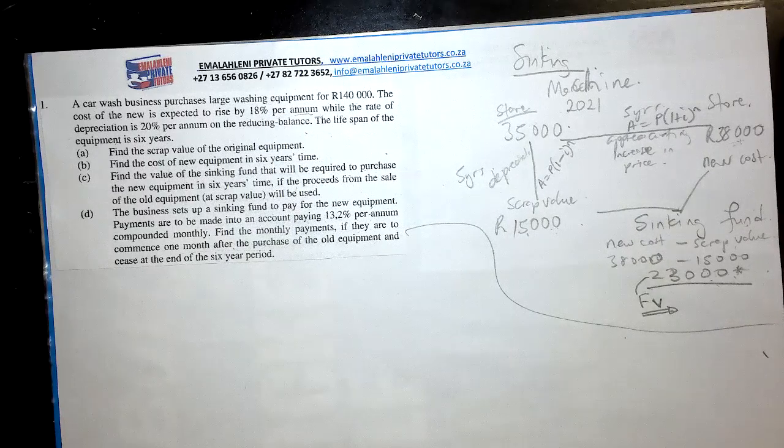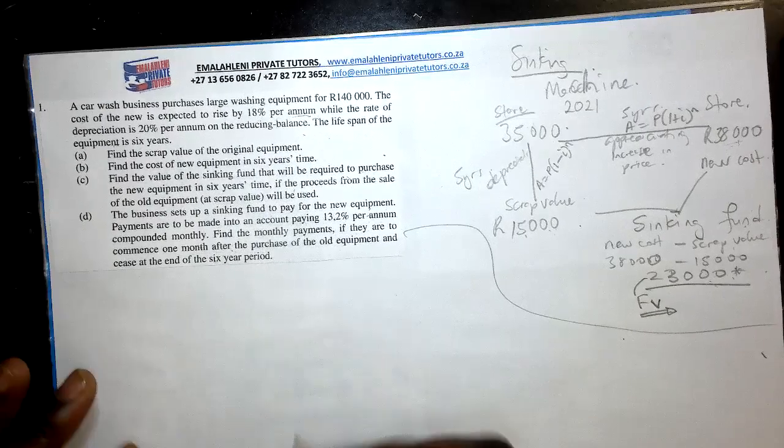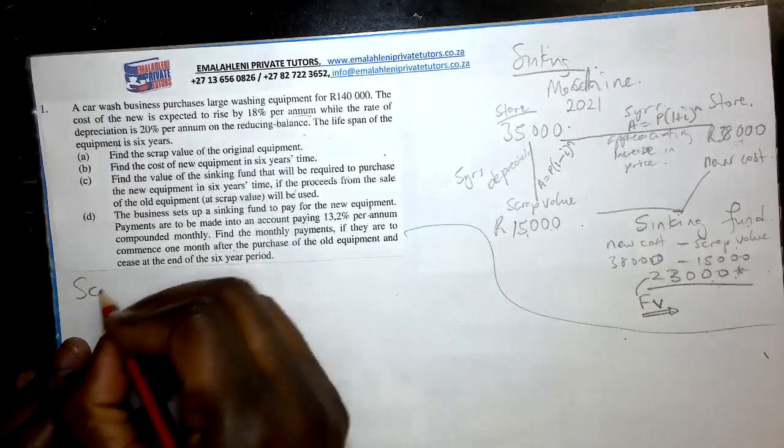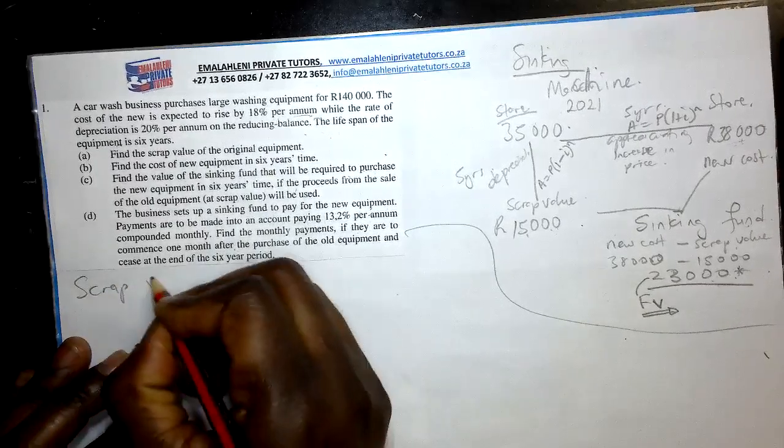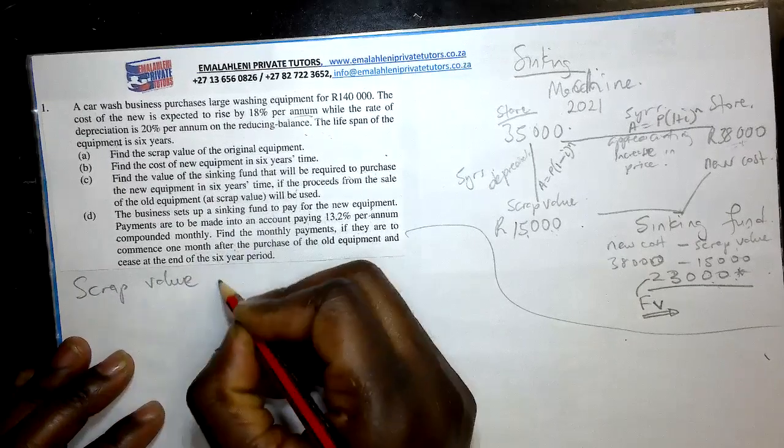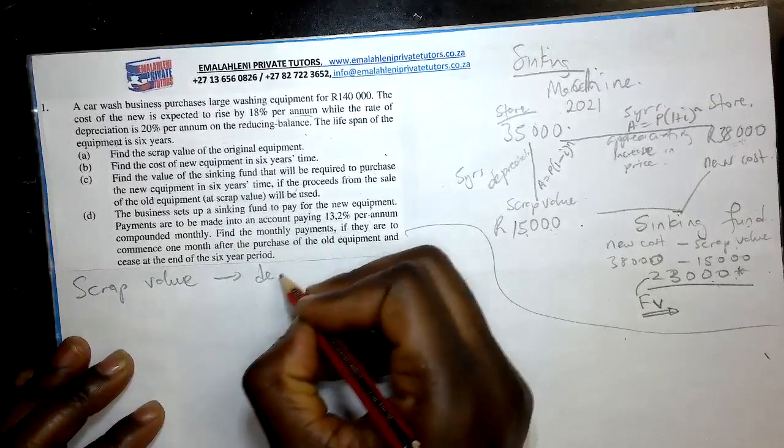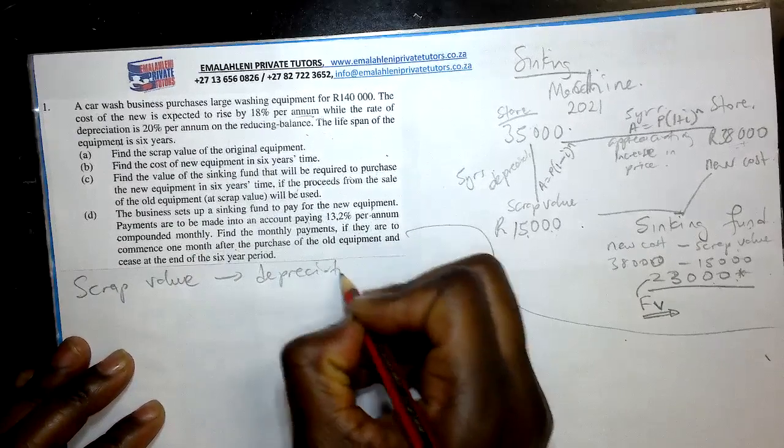The lifespan of the equipment is 6 years. Now, find the scrap value of the original equipment. Scrap value is the value after depreciation.